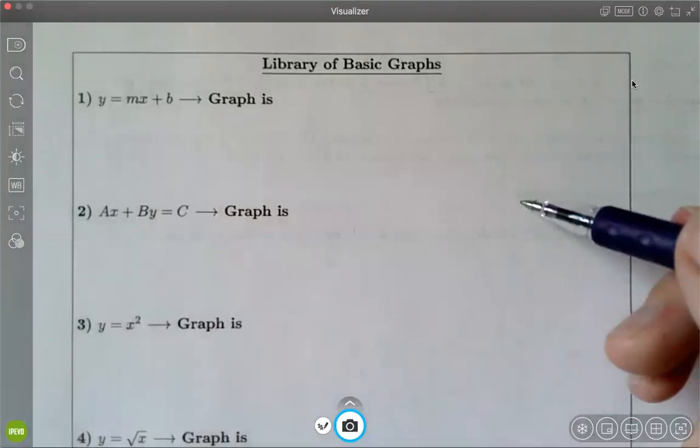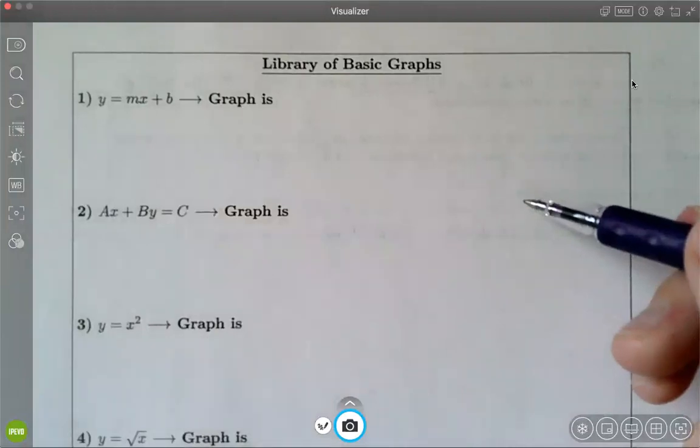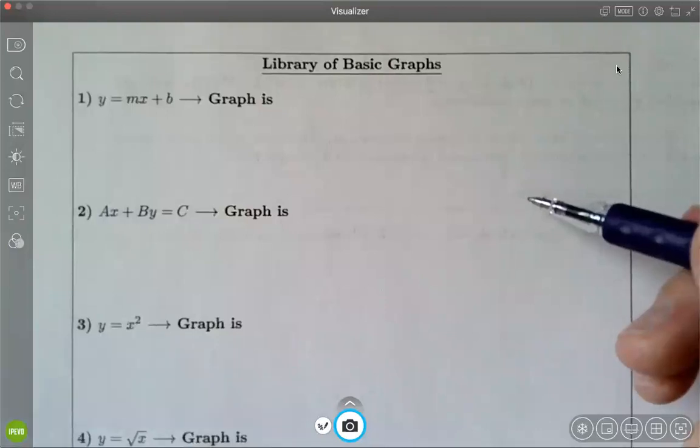Slope intercept. So slope and intercept come from what kind of graph? How does the graph look like when you draw the graph on the XY plane?